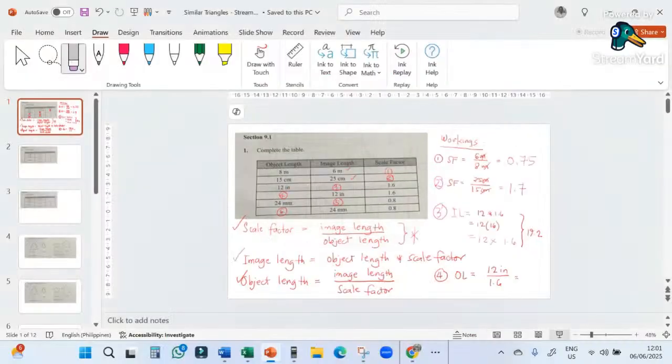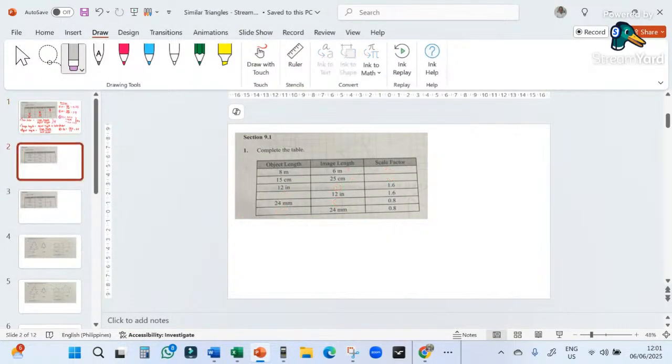Number 5 and number 6. Number five is image length. That would be object length times scale factor.